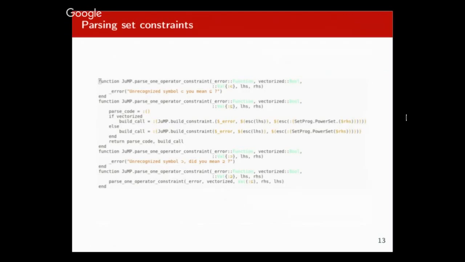So now this is a classical JuMP constraint with something inside. Then you need to create the code that JuMP will execute. Depending on whether it's vectorized or not, you have to add a dot. You can check in JuMP for the example what it does, and it's basically the same. And so what you need to create the constraint is to call build constraint with this left-hand side inside.